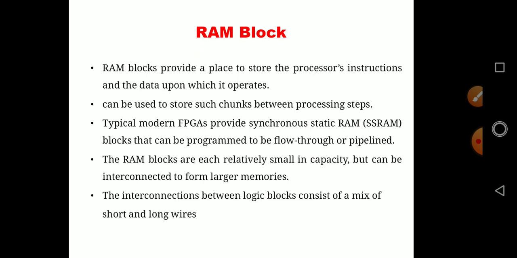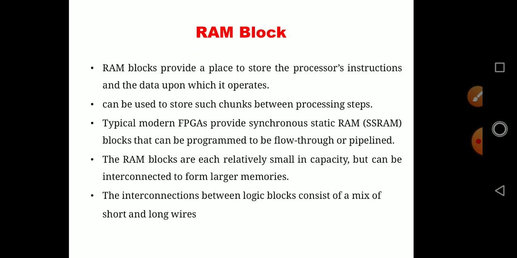That means multiple programmable RAM blocks can be combined to form whichever RAM we want. If they are RAM blocks of 18K bits, they can be combined to form 512 by 36 bits of RAM.